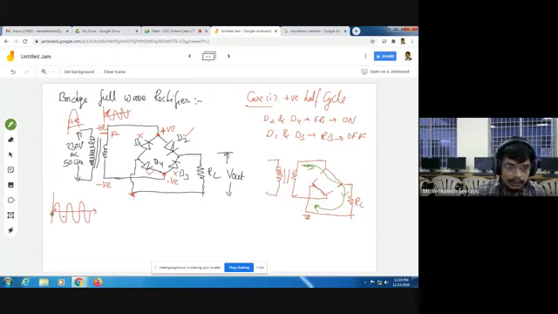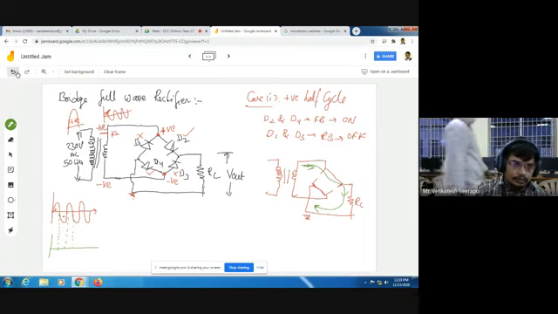Now let us consider this is my input voltage and this is my output voltage. Whenever the positive half cycle is applied, I am getting an output. Otherwise, I will draw another diagram.